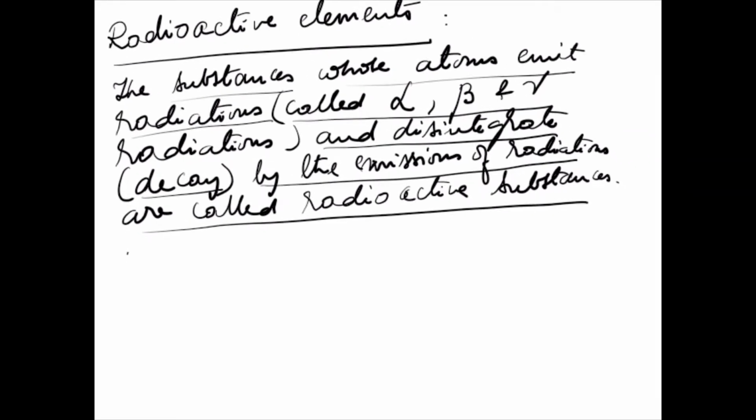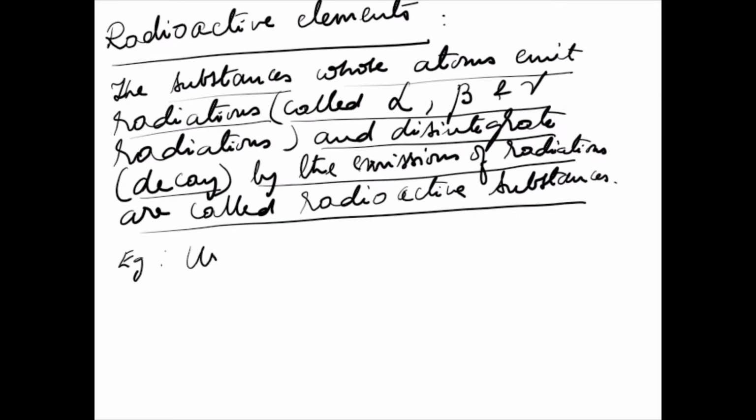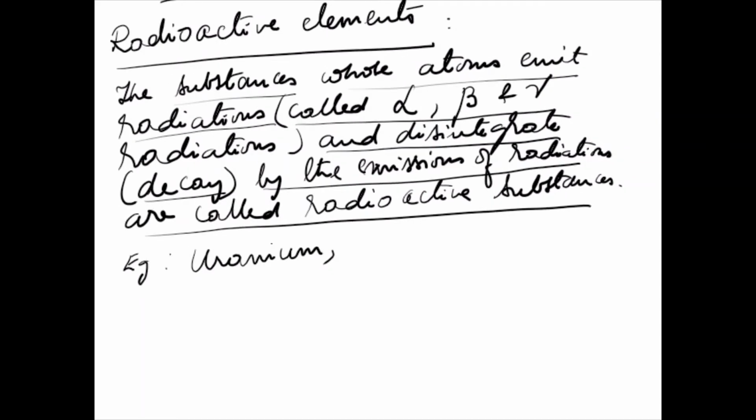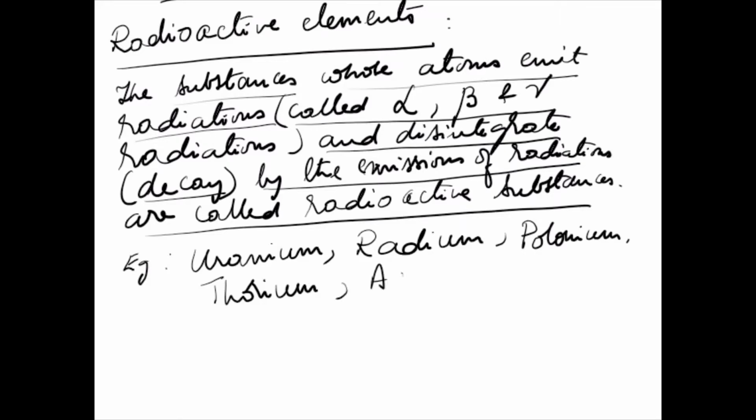Now, examples of radioactive substances are uranium, radium, polonium, thorium, actinium, etc. These are all examples of radioactive elements.